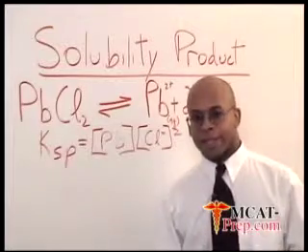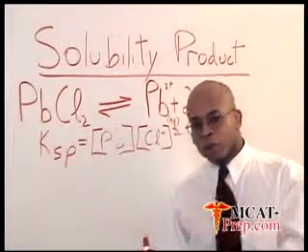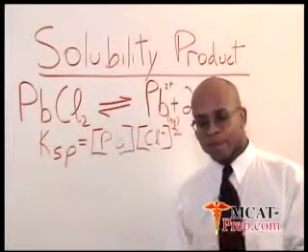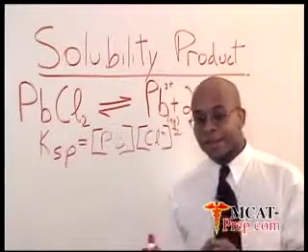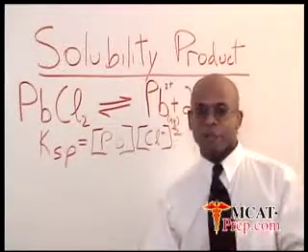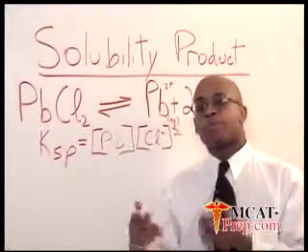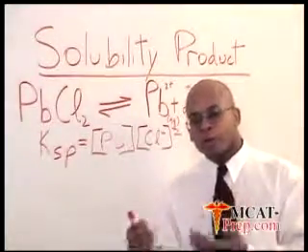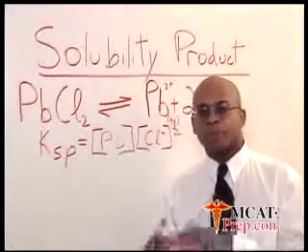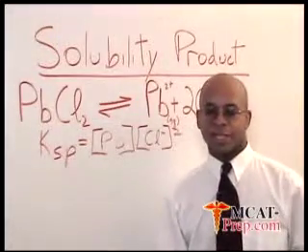We also would expect that a lower solubility product means the substance is less likely to dissolve, which means it is more likely to precipitate, or form a solid form, when it is in a liquid.